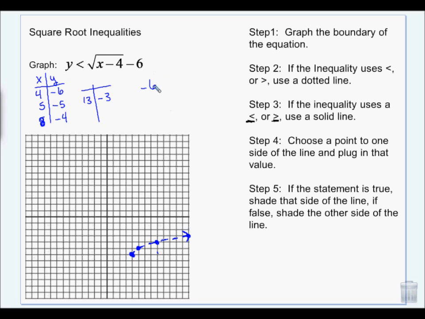So I say negative 6 for my y is less than the square root of 8 minus 4, and then minus 6. So I've got negative 6 is less than negative 4. This is true, correct?